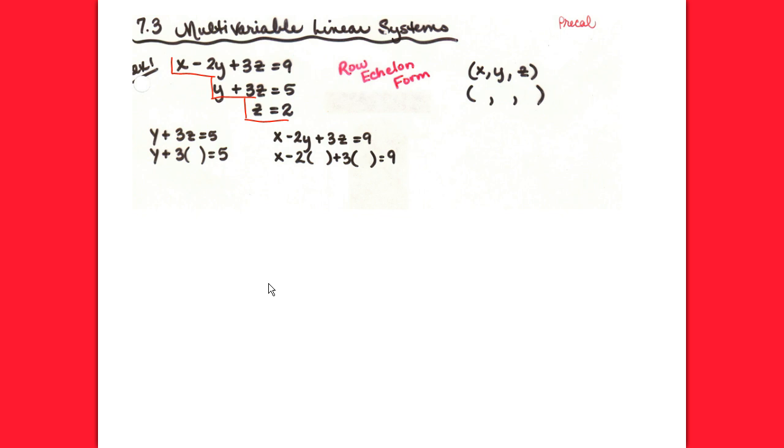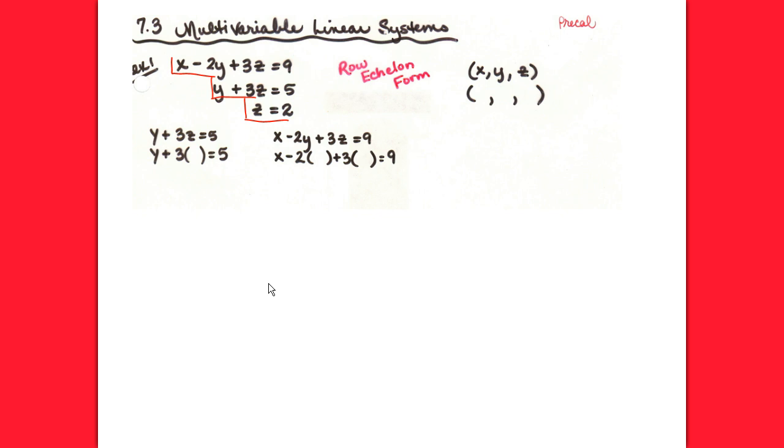And they tell me that if I happen to be solving a system that is in row echelon form, that just means that it has kind of like a stair-step pattern like we see here, and the leading coefficients are all 1. Now, when we get to chapter 8, we'll be talking a lot more about matrices and row echelon form and that type of thing.